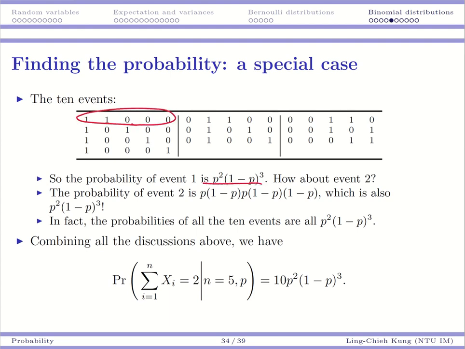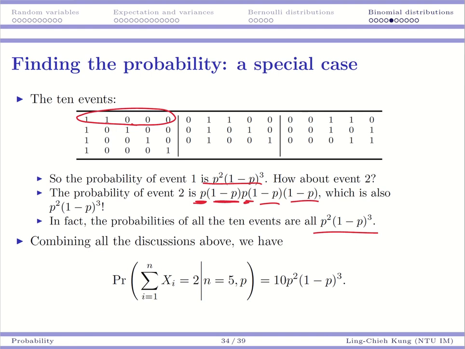How about event 2? It turns out that it's also the same. The order is different. So you first need a P, and then you need 1 minus P, and then a P again, and then 1 minus P, and then 1 minus P. So in fact, for any of these 10 events, the probability for that particular order of outcomes to occur is P squared times 1 minus P to the power of 3.